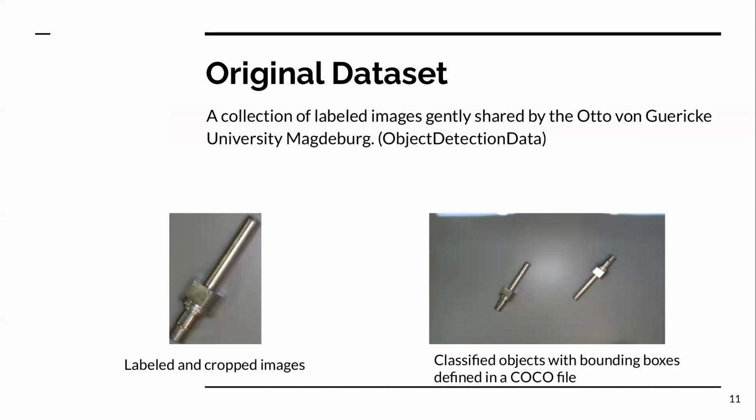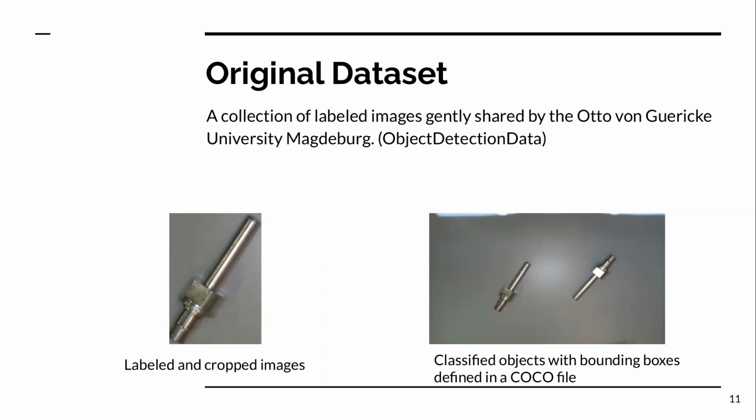It consists of first labeled and cropped images, like on the left side, and also raw images with a big JSON file with all the annotations needed to train.